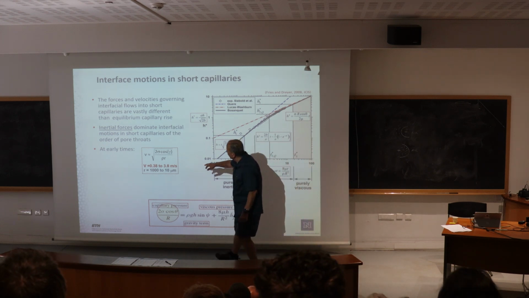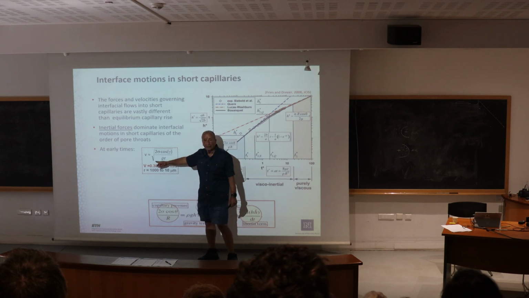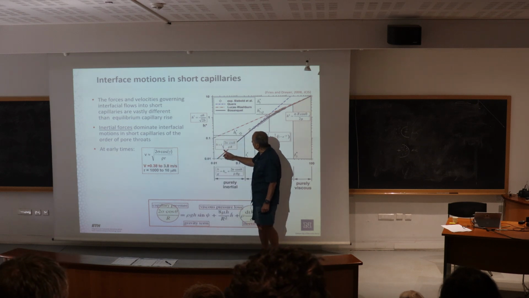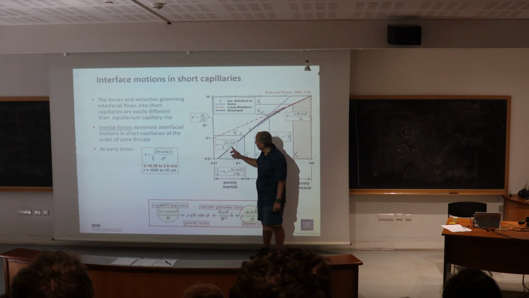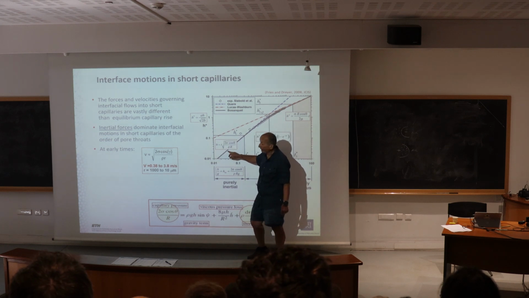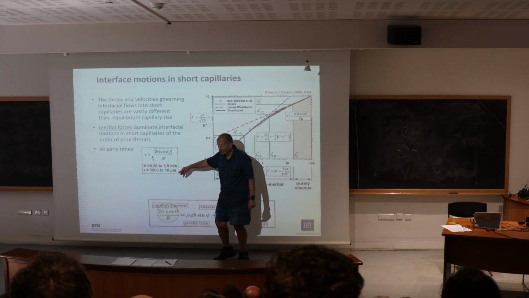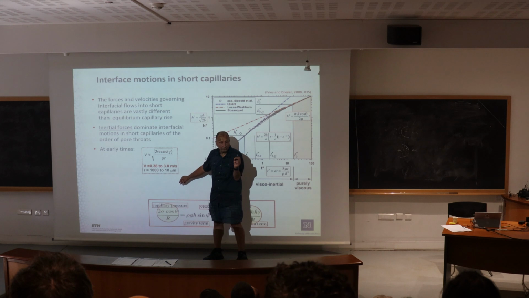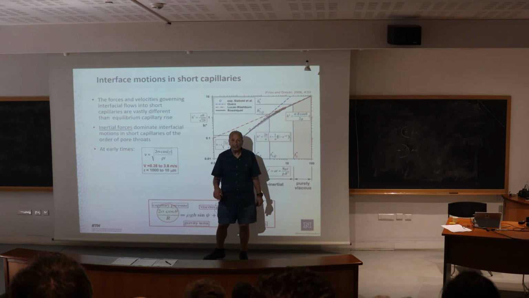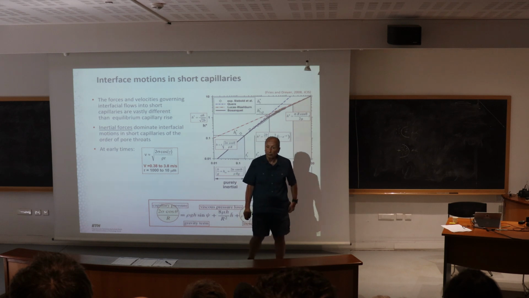And that is that initially, at short times, the height is just a function of t, which means that the velocity is proportional to this term here. And if I plug in, say, different radii for water, if I have a 10 micron pore, at the very first few seconds, the speeds of penetration can be of the order of 3 or 4 meters per second.